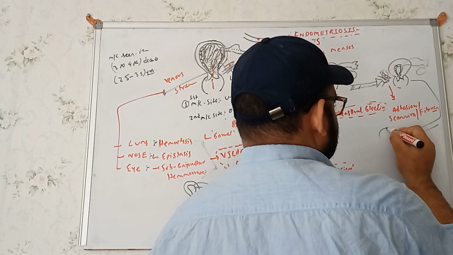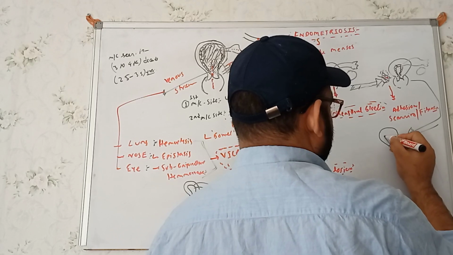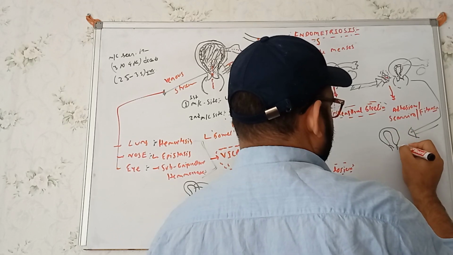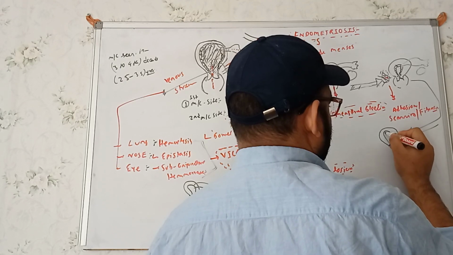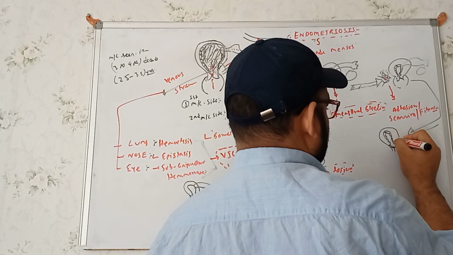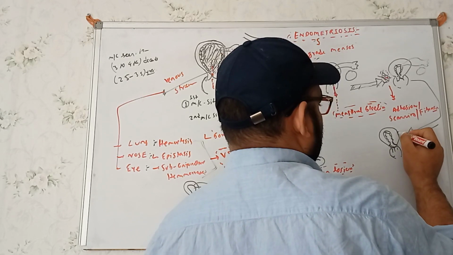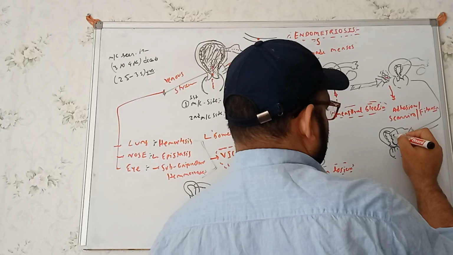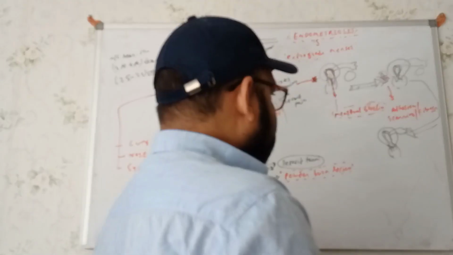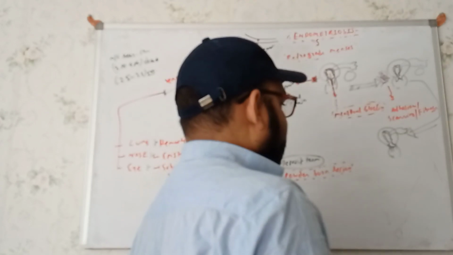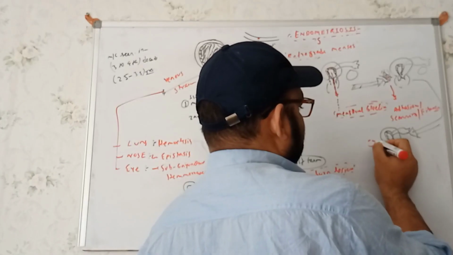So this is again the uterine cavity. This is the endometrial lining. Now this was the fallopian tube. In the same way, whenever we see the adhering nature in this part, try to understand from here.